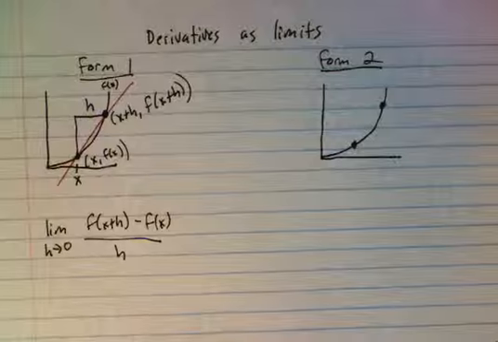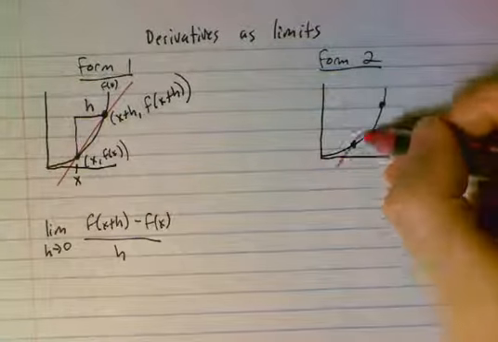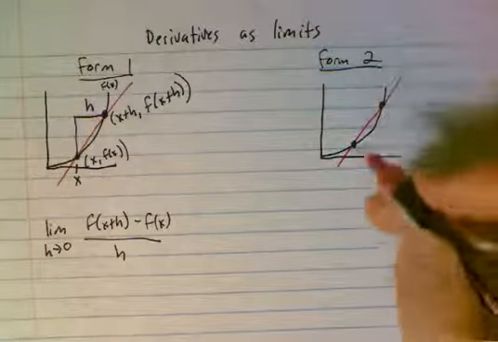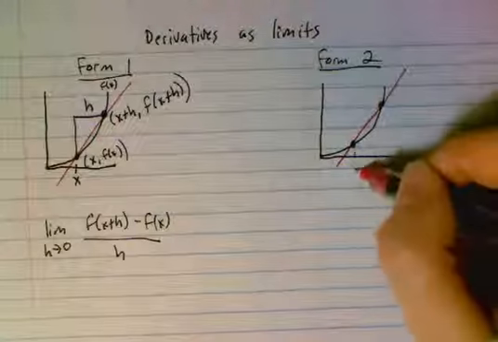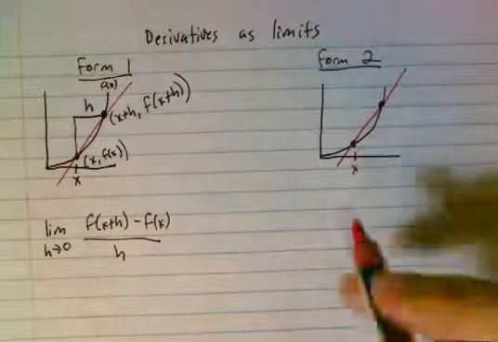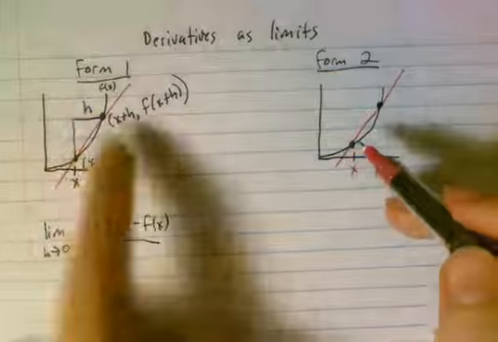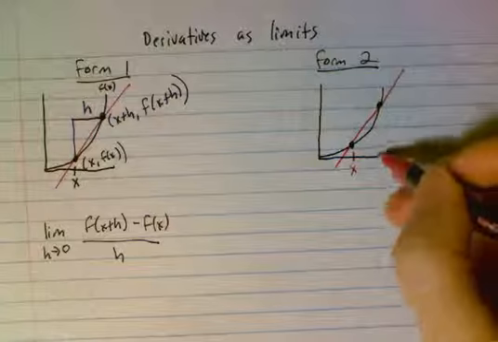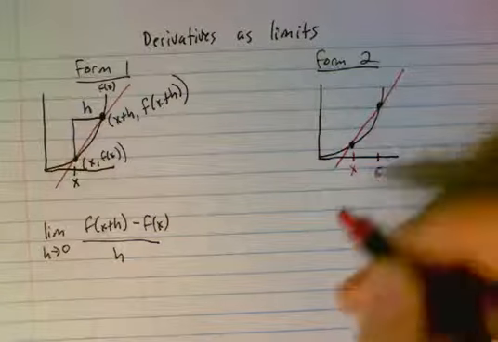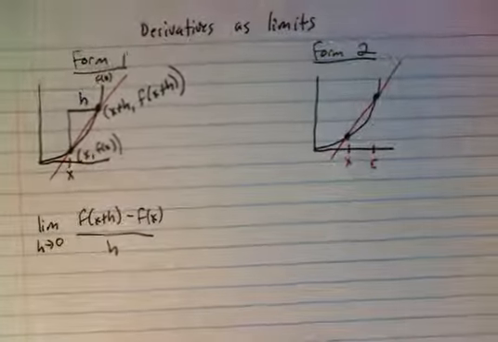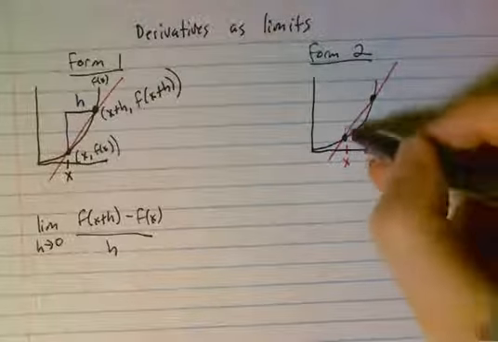And over here, we still have that line. We still have x. But now rather than having this be h, such as some distance over, this just has its own name, c. So we still have this rise over run.